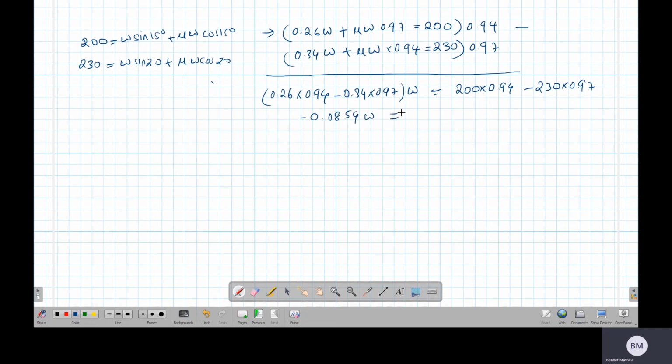So minus 0.0854 W equal to 200 times 0.94 minus 230 times 0.97. Just be careful with the calculation. The right side is minus 35.1. So W will be equal to 35.1 divided by 0.0854. This gives me something around 411 Newton.